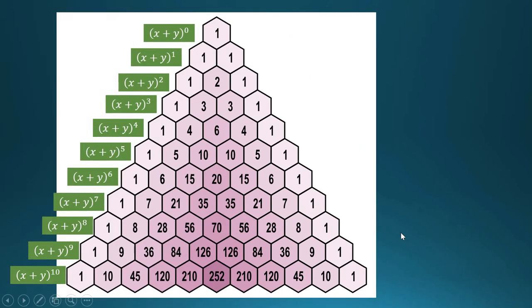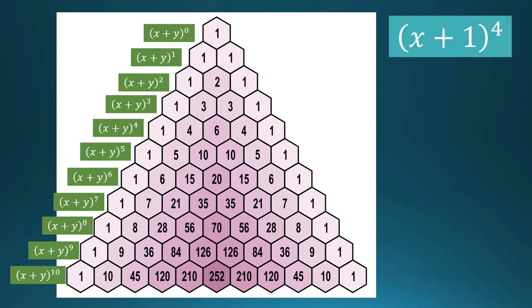So let us use the Pascal Triangle. Let's say, for example, this is our polynomial. Expand x plus 1 raised to 4. So we will look for the fifth row. This is raised to 0, 1, 2, 3, and 4. It's raised to 4. So if you were now to expand this, you will see 5 terms.